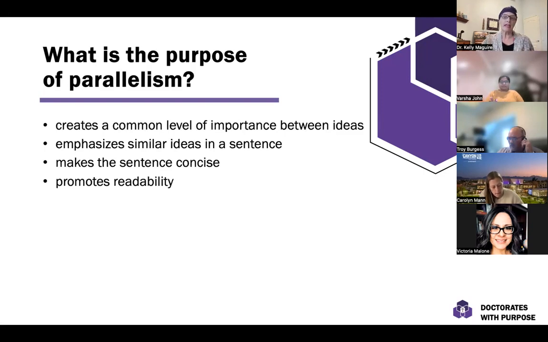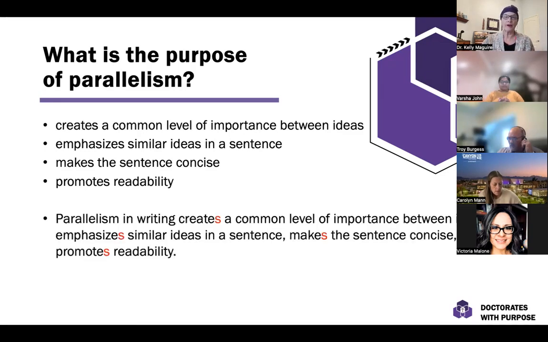Now, if I were to take all 4 of these points and put them into a sentence that actually demonstrates correct parallelism, it would look like this. Parallelism in writing creates a common level of importance between ideas, emphasizes similar ideas in a sentence, makes the sentence concise, and promotes readability.